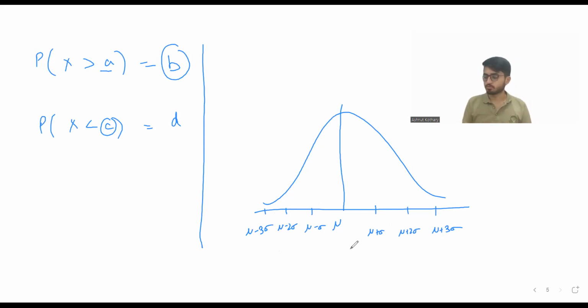The area between these two is nothing but 34%, 14%, 2%, 34%, 14%, 2%. If you put mu 0 and sigma 1, this simplifies to what we had drawn for a standard normal distribution.